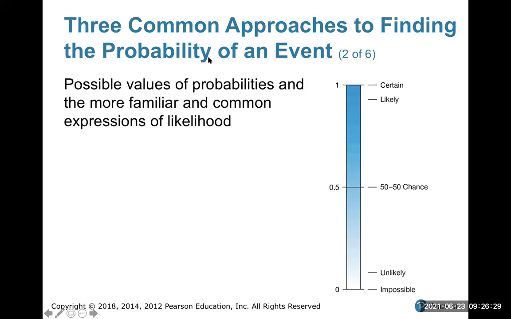Unlikely means you have a low chance, 0.001, 0.1. 50-50 is when, let's say, the probability of birth of a boy is a 50-50 chance. If it's a 50% boy, then the remaining, which is a girl, is 50% as well.